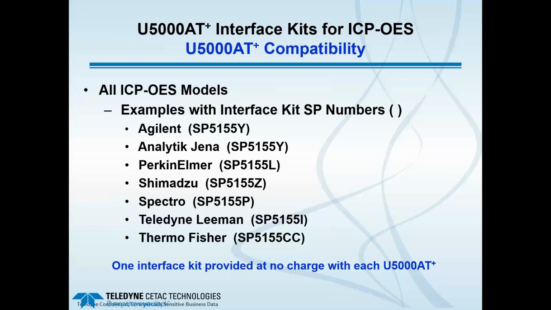Additional kits can be ordered if you want to put it on an additional ICP, perhaps if you have another model in your laboratory, but the cost is very nominal. It's simply a kit with tubing and any connection pieces that are needed to interface with the model ICP that you have.